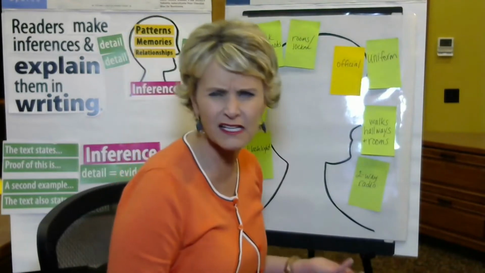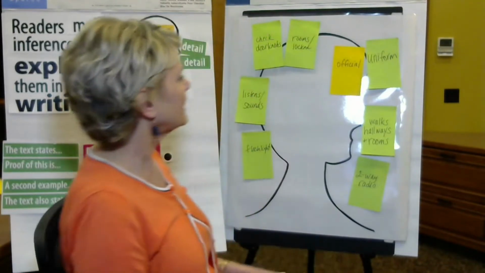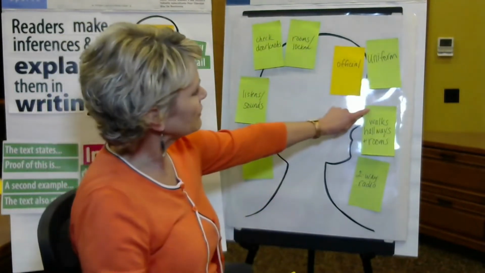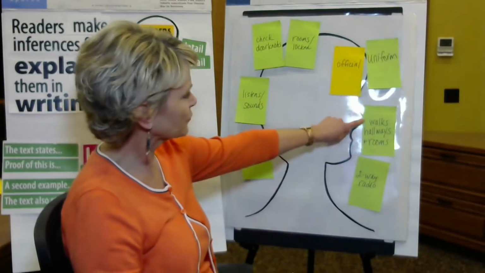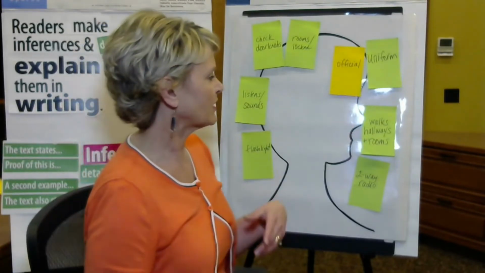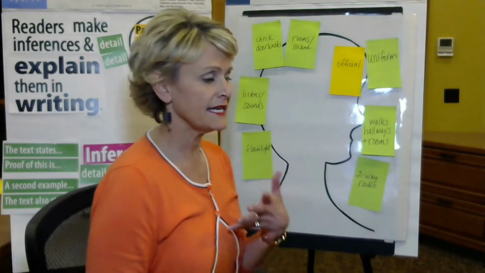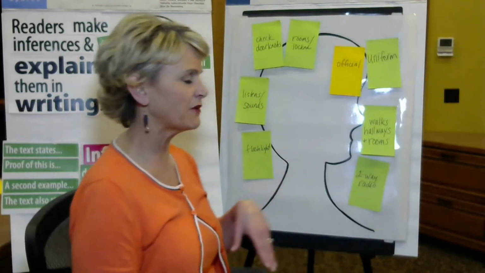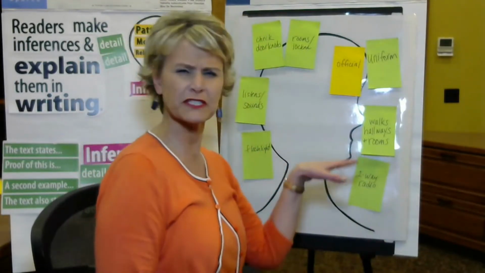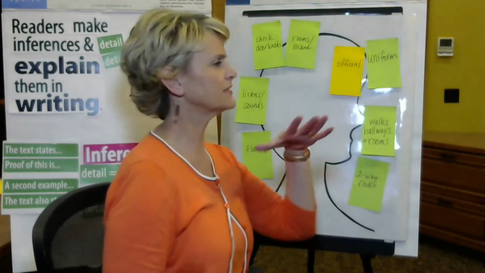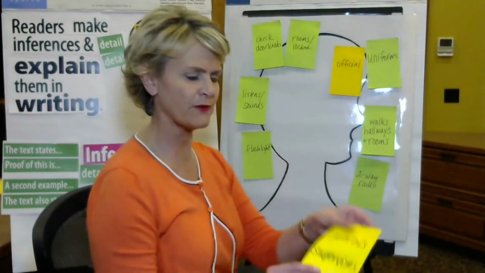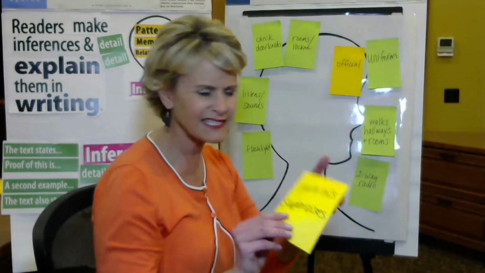He's not just a customer somewhere. Okay, then when I see that he walks hallways and rooms, I'm thinking, okay, he's patrolling. If he's just walking around, he's supervising, overseeing, just watching things. And so I wrote patrols, supervises.